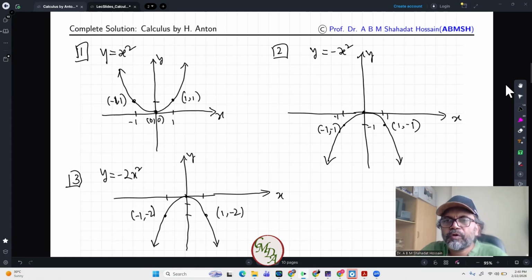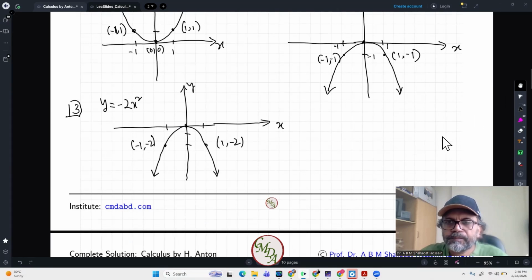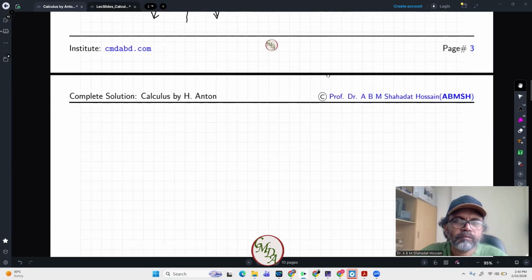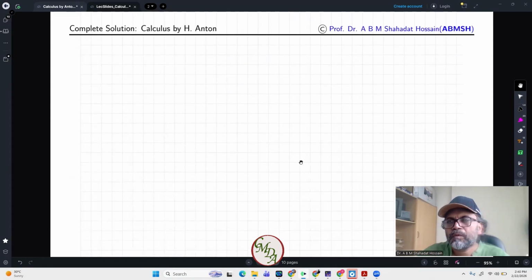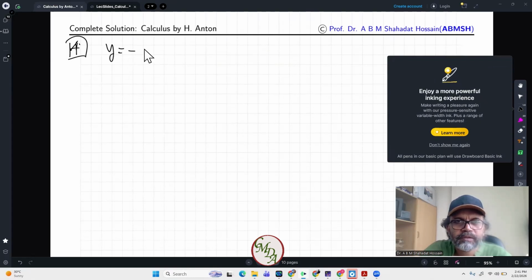Now we'll draw the fourth case. We'll draw this function y equals minus 2 times (x plus 1) squared, which gives us a movement of 1 unit to the left.